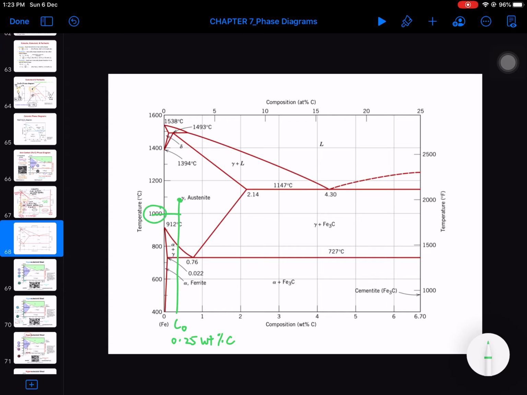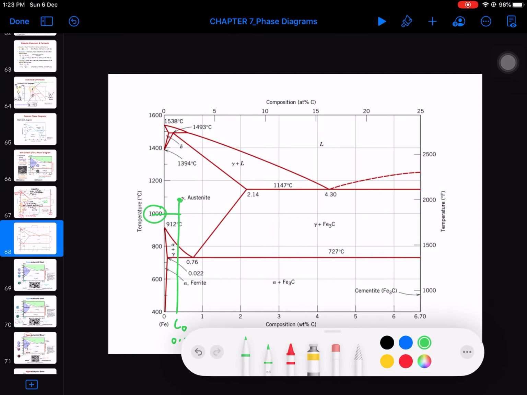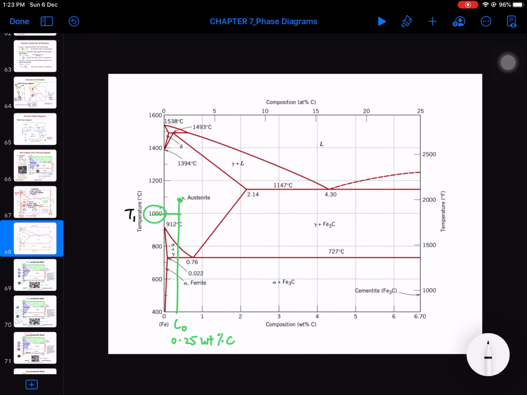So this is the first temperature. Let's work with the first temperature. Our T1 is 1000 degrees centigrade. This is the temperature line, and this is the composition line. At this point, number one, the phase present is austenite.